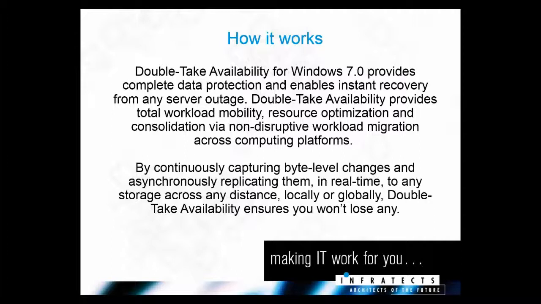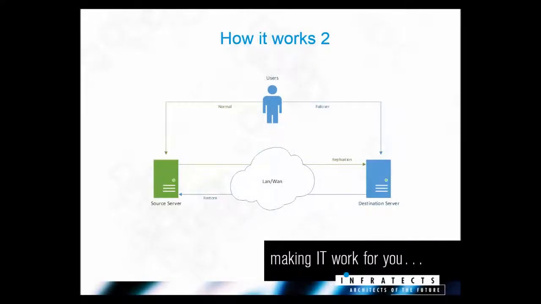Oh, okay. So it's basically, I will show you in the next slide how it functions in an environment, in a setup. What you typically have is your user base, your clients or users, and you have your server that you have protected with Double-Take, and you have your second server that also runs Double-Take.